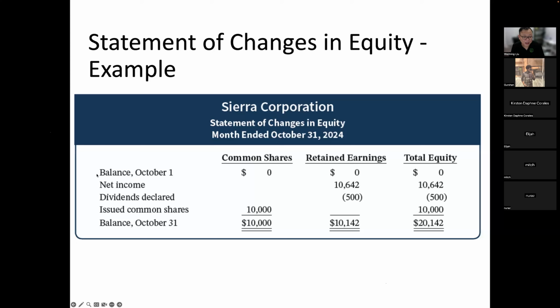Can anyone tell me what is going on? What did you read from this information? At the beginning, all 0, what does this tell you? For what kind of company is your beginning balance all 0?